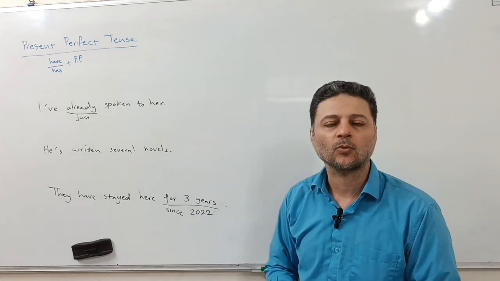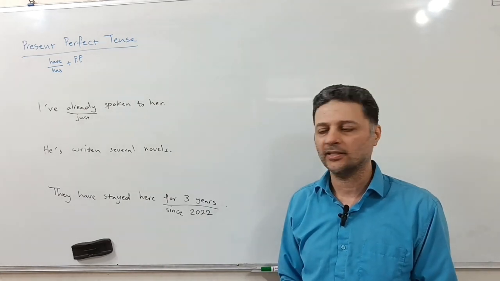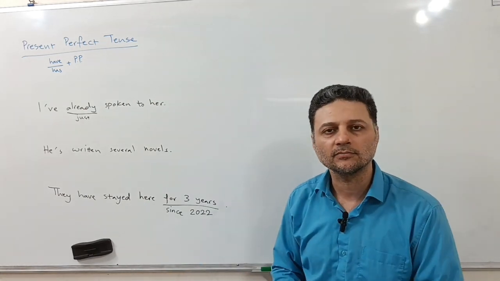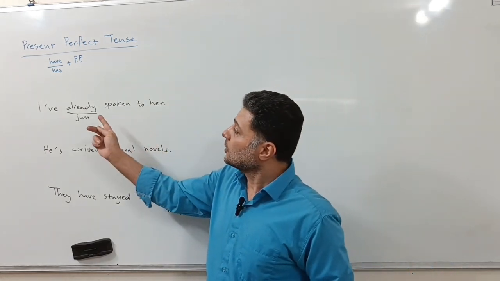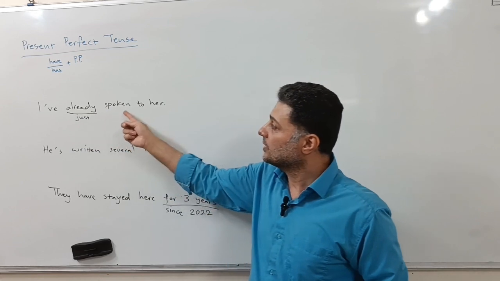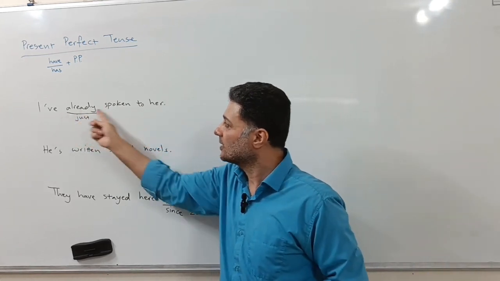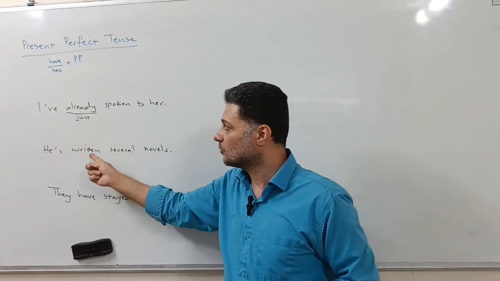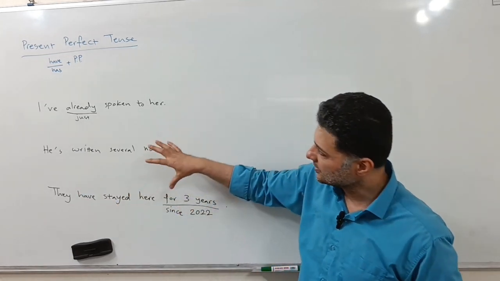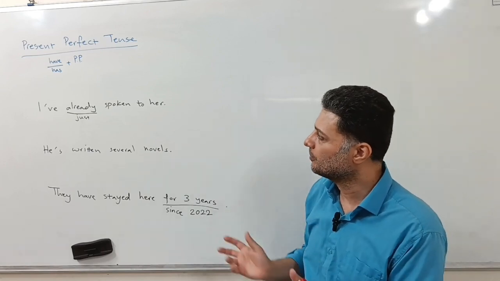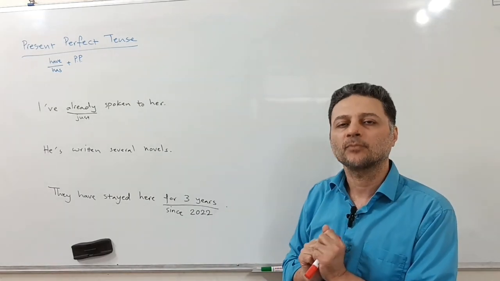So the novels are already there, are already here, right? We can refer to some websites and get the books and read them, right? Well, so I've already spoken, have spoken, has written, have stayed, you see? This is the way we compose and form the present perfect tense.